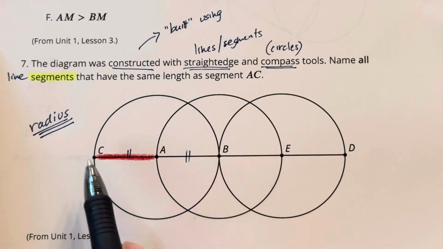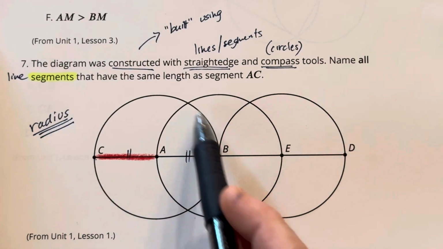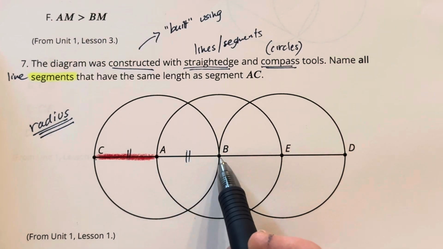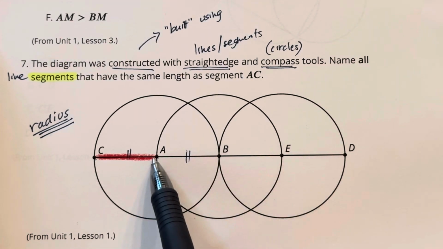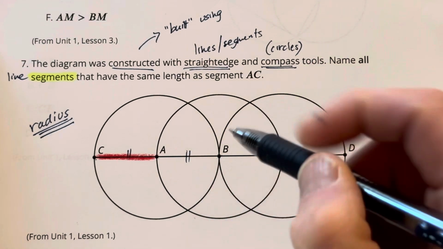Do all circles have the same radius? Well, let's look at center A. The radius is AB, right? Let's look at center B. The radius is also AB. Isn't this a radius?